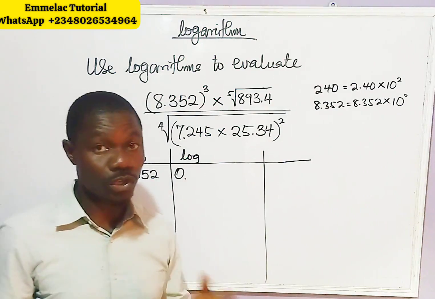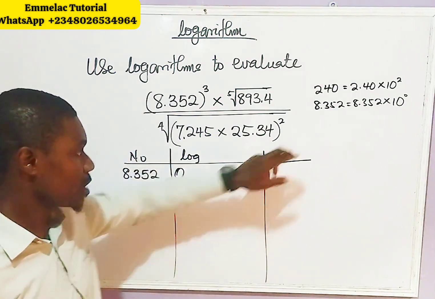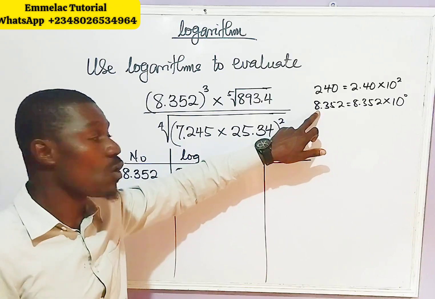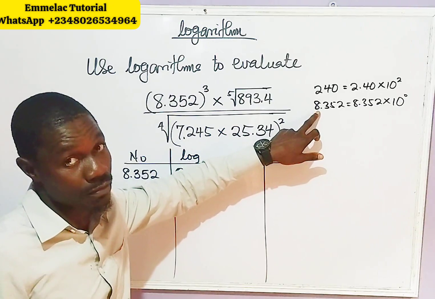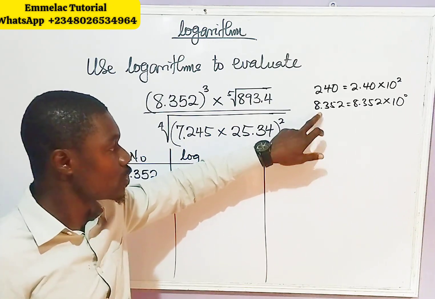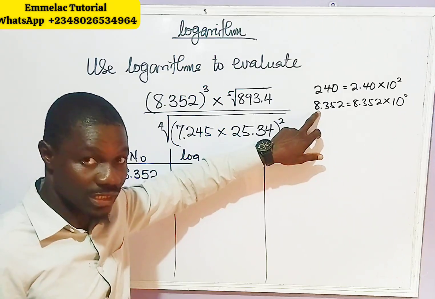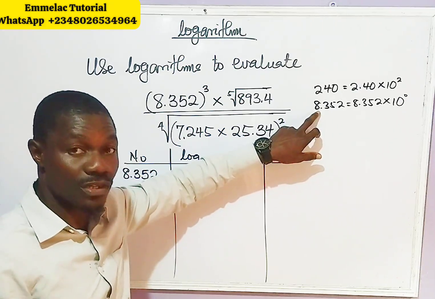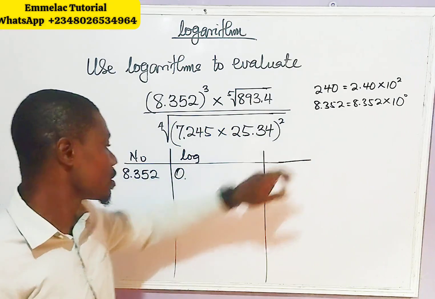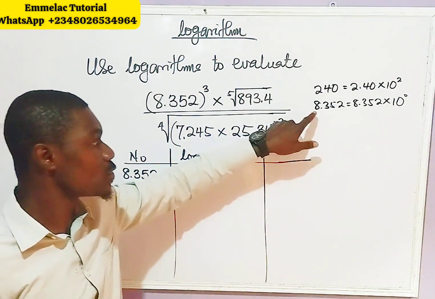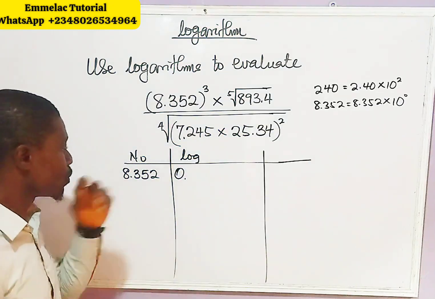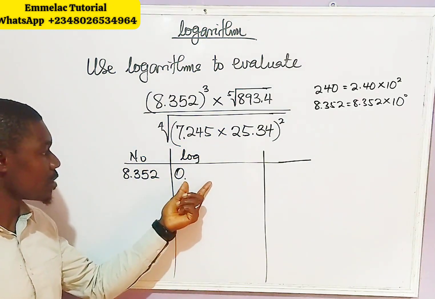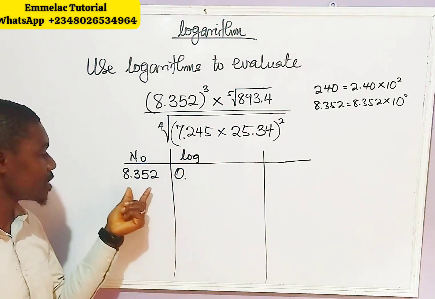But for a shortcut, all you need to do is take the number of digits before the decimal and subtract 1 from the number. Since here we have 1 digit before the decimal, 1 minus 1 gives us 0. If you have 2 digits, 2 minus 1 we have 1.